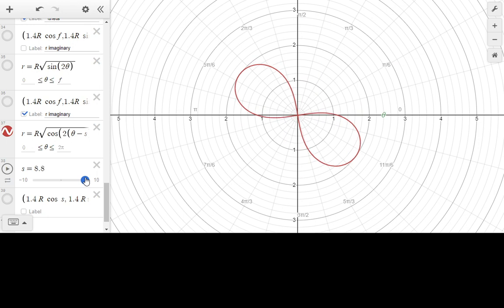And you can go ahead and experiment with other things, such as, what happens if instead of 2 theta I have 3 theta, and you can try all sorts of things here.